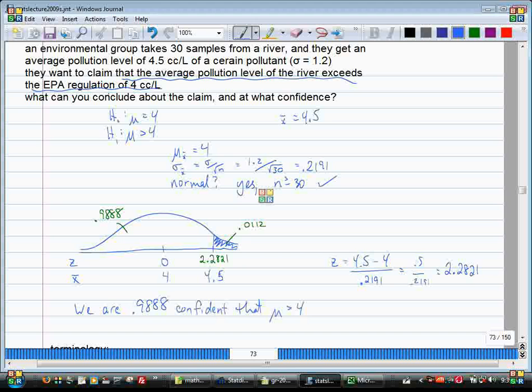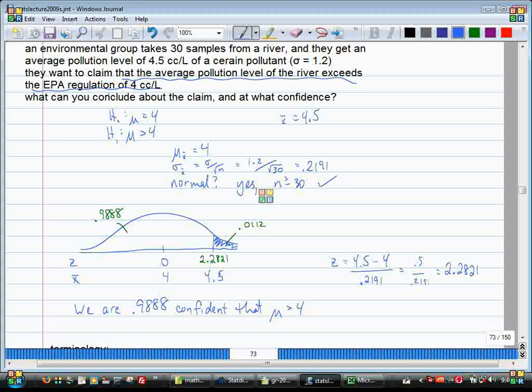To get the likelihood, if mu is 4, what's the likelihood or probability that x bar is 4.5 or greater? Exactly. So that's what would be true if mu was 4.